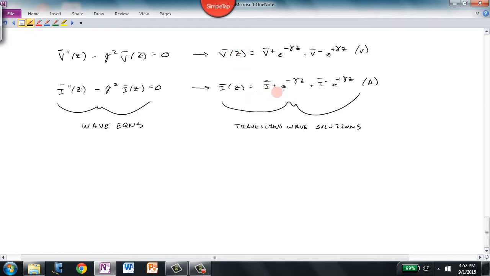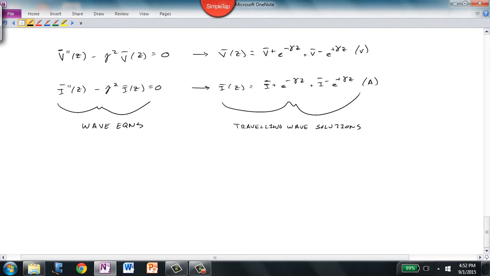One is the voltage traveling wave equation, and one is the current traveling wave equation. What they do is describe what's happening to the voltage and current on a transmission line. So let's explain what each of the little parts of these equations mean.